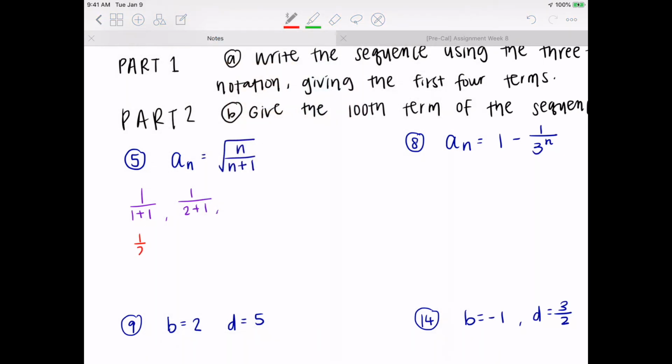We get 1 over 2. The next one is 1 over 3. You can keep writing the formula, but I know the next one is going to be 1 over 4 and 1 over 5. So this is part A's answer. For part B, we have to plug in 100 now.